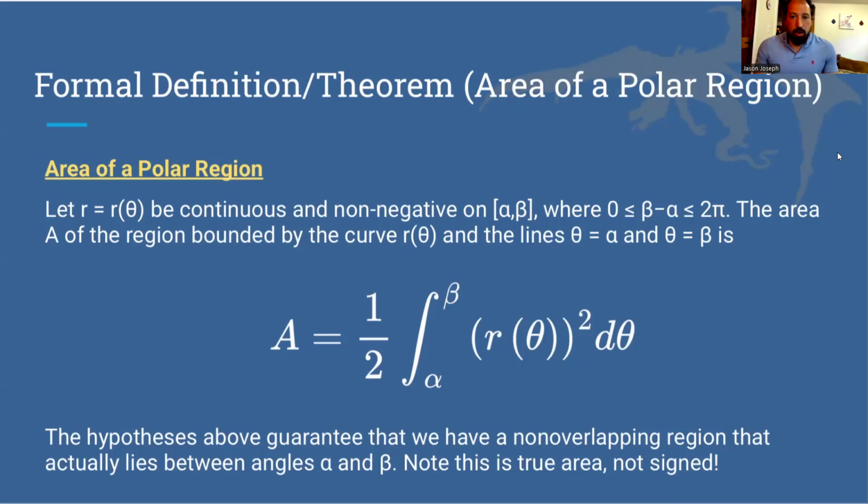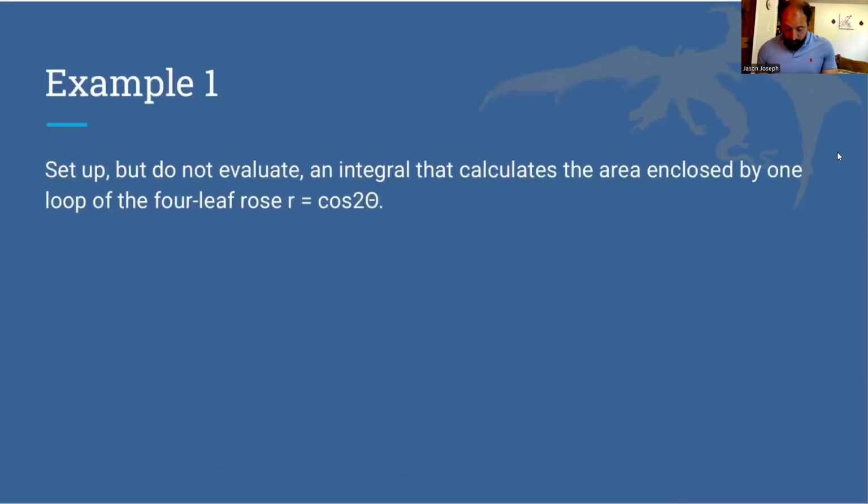And this thing about r being non-negative is because we want the geometric shape that we're looking at to actually lie in between those angles. You can make sense of it when r is negative, and we'll see an example like that, but you have to be a little bit careful. So this is just a very precise statement that you have to scratch your head a little bit if you're working with negative r's. So, let's see an example.